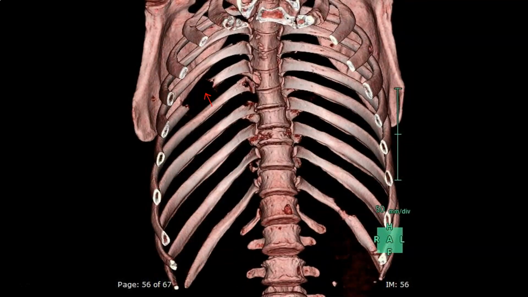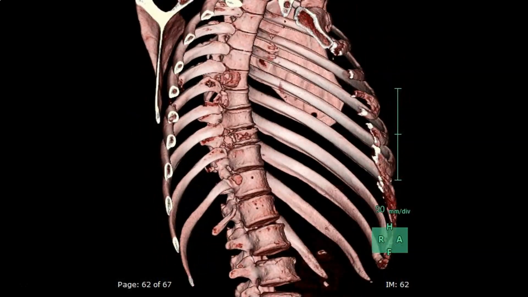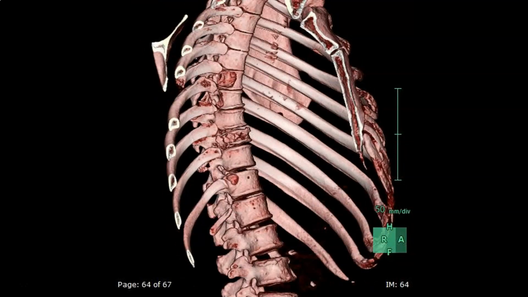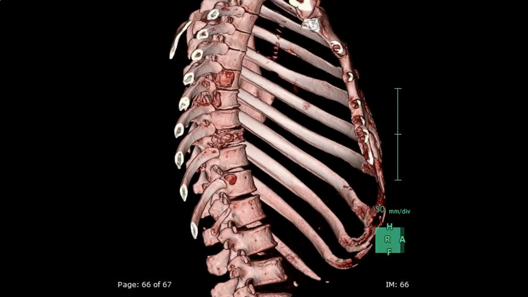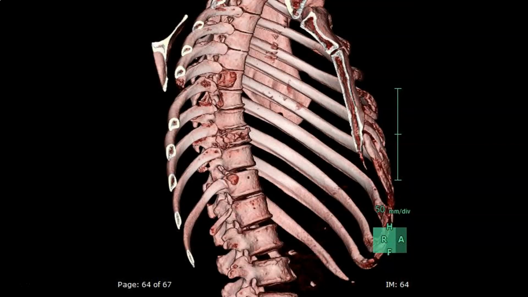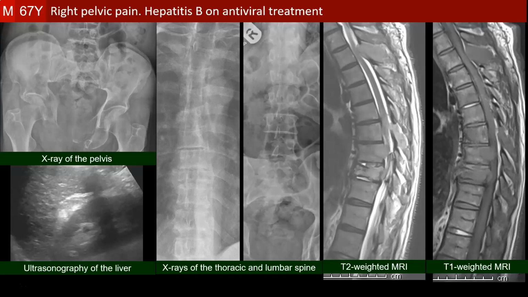There has been also rib metastasis. And these are the metastases which were seen as loss of pedicles on the thoracic radiograph.